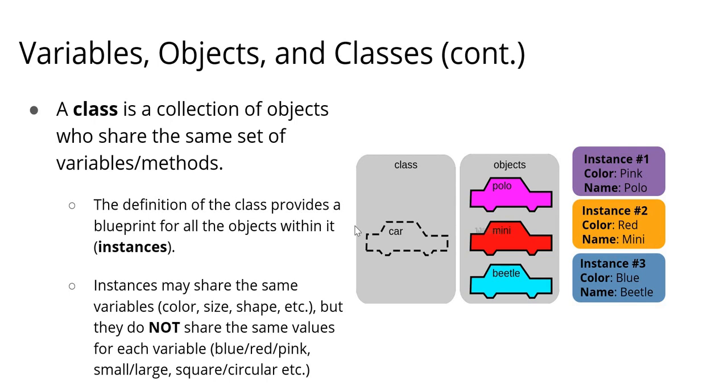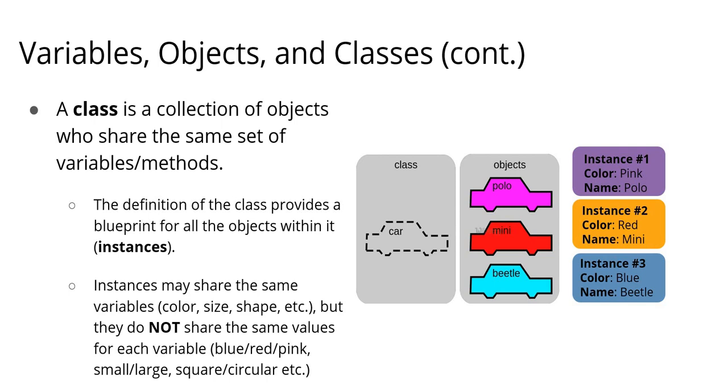We are taking an example of a car. There are three blueprints here: objects like Polo, Mini, and Beetle. On the other hand, instance 1 is color pink, name Polo. Instance 2 is red color and name Mini. Instance 3 is blue color and name Beetle. So this is the actual difference among these three.